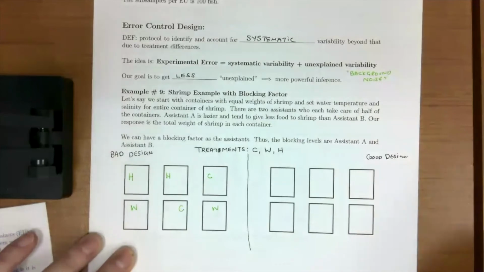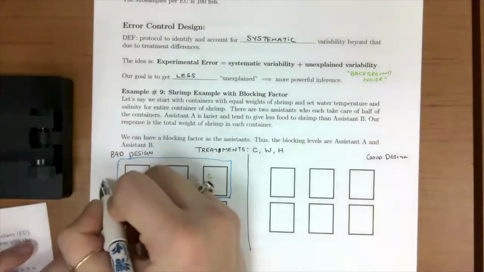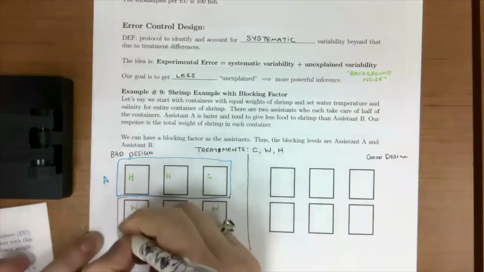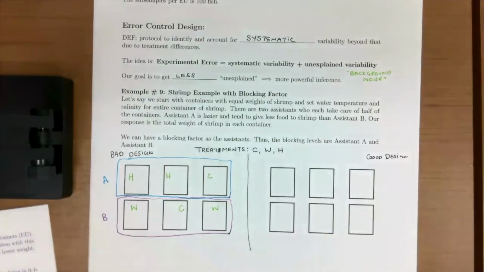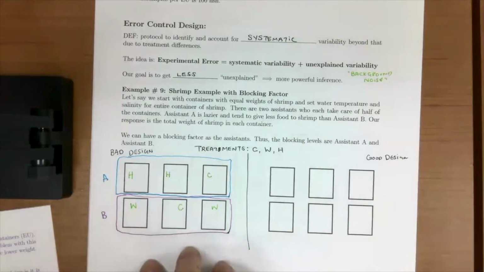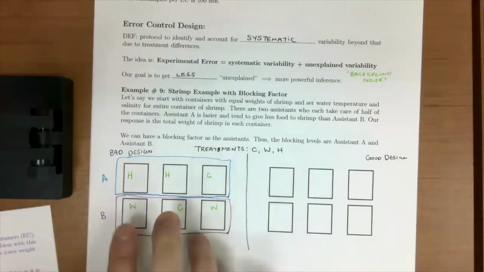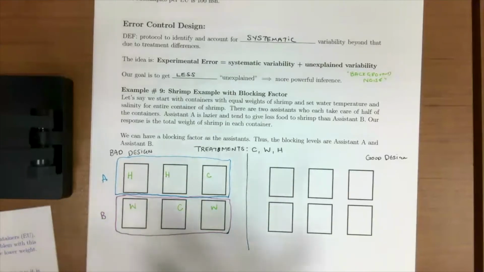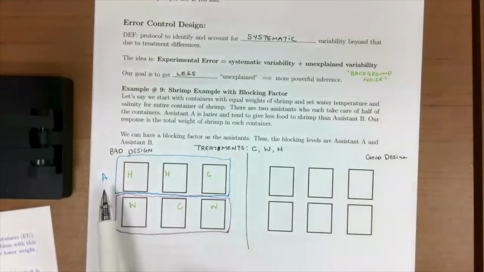And now let's say we give the top three to assistant A and the bottom three to assistant B. There's a problem with this setup because assistant A is going to have two hot and assistant B is going to have two warm treatments. And the issue with this is that we wouldn't be able to break up the association of whether hot water actually gives the shrimp less weight, or if it's because assistant A is lazier and gives them less food.